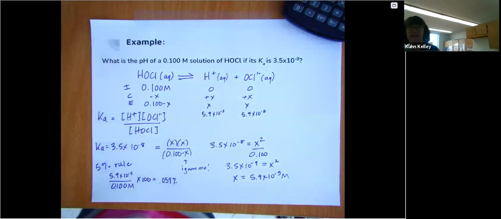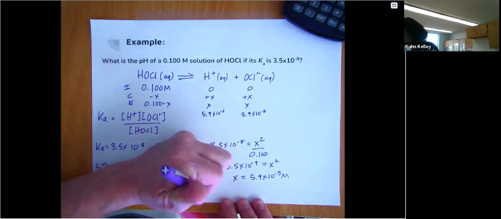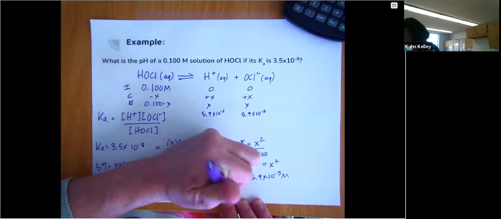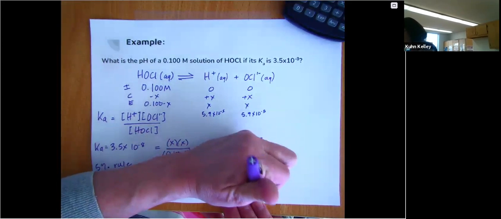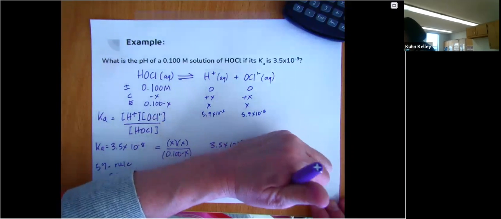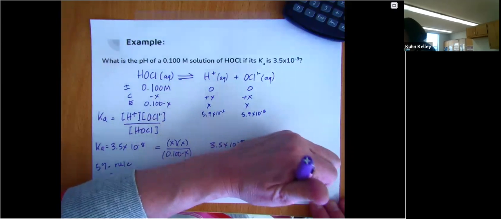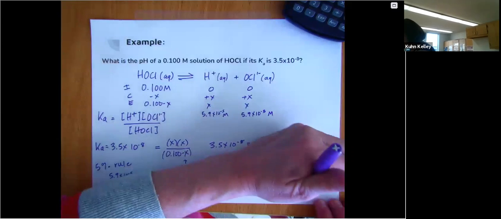Now, this is an acid, so one thing that we're also typically asked to calculate is the pH. So my pH is just going to be, like always, the negative log of the hydrogen ion. So in this case, that's going to be the negative log of 5.9 times 10 to the negative fifth, because that was our concentration of hydrogen.